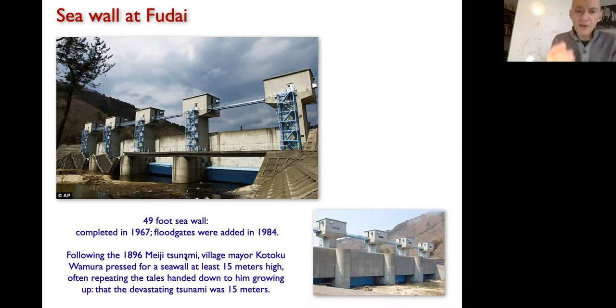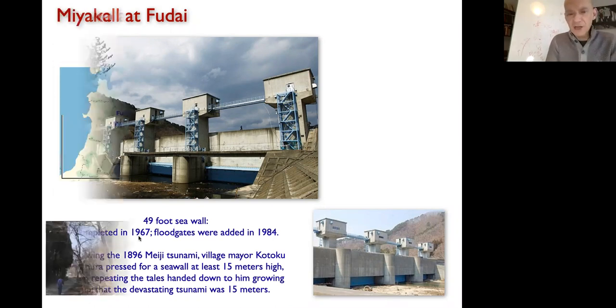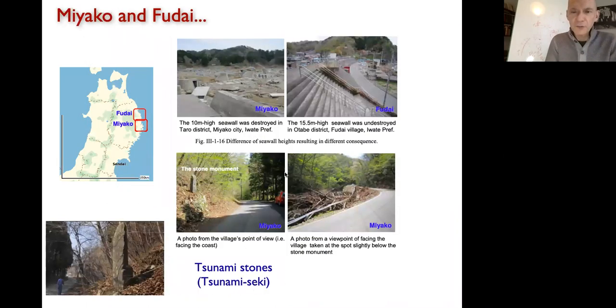By the way, this seawall that was built in 1967 saved that village. And actually, you see the differences between these two tiny villages here, or well, actually they're mostly important for fishermen at the time, but one was totally destroyed, the other one not.